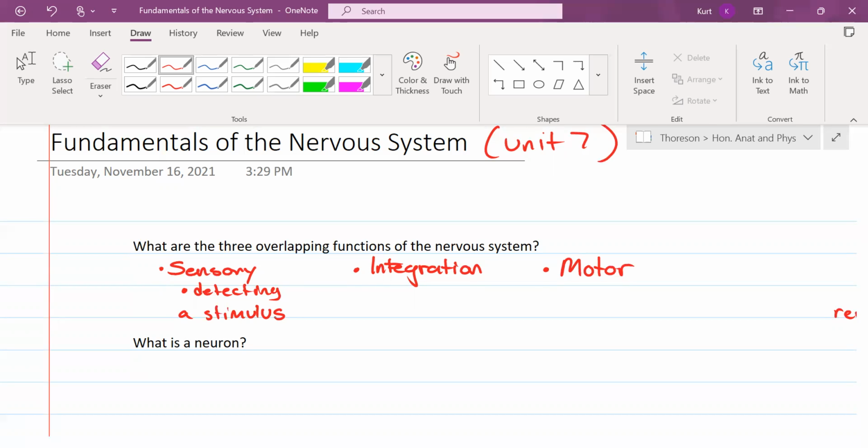That's the sensory. Integration is where you do this on a subconscious level. You basically process a response to the stimulus.